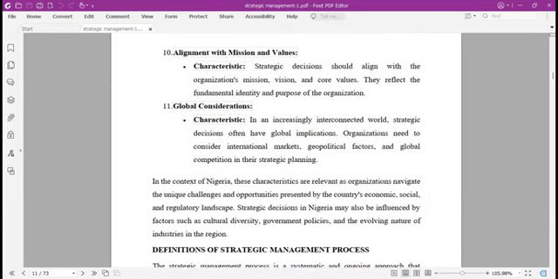Alignment with mission and values. All decisions made must align. Strategic decisions should align with the organization's mission, vision, and core values. Core values like integrity. What are your core competencies? What does such an enterprise stand for? Because they reflect the fundamental identity and purpose of the organization.